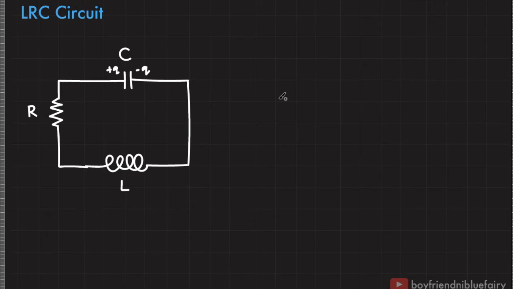Let's include a resistor to our LC circuit because in reality, any circuit experiences some form of resistance. Using the same reasoning from our previous derivations, we end up with this working equation. So initially, this capacitor is fully charged using the Kirchhoff's loop rule.